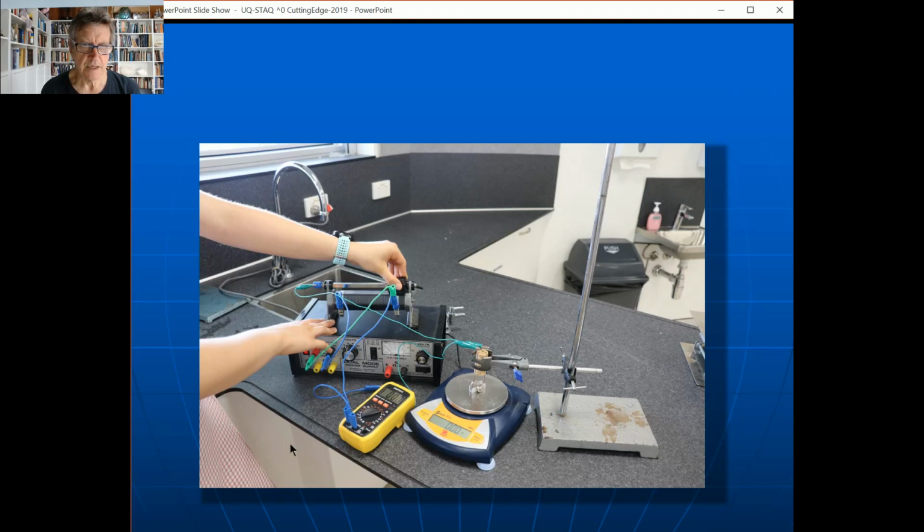Now here's the setup. I'll probably start over here from the positive. So it comes out of the positive.